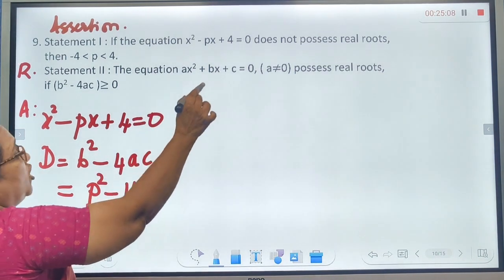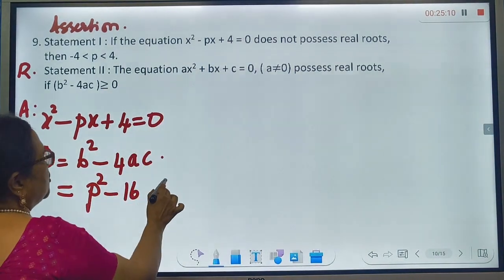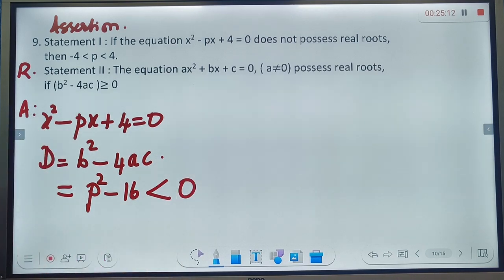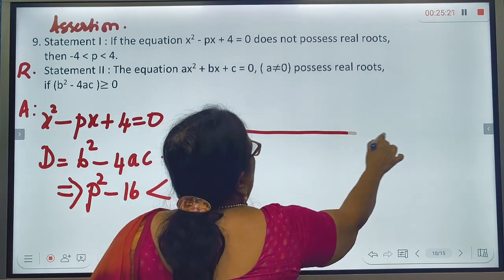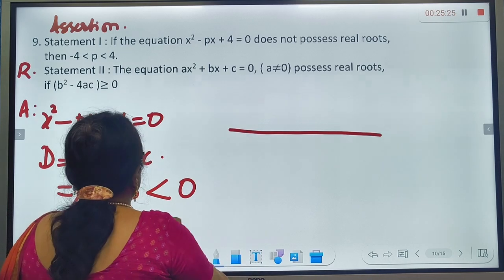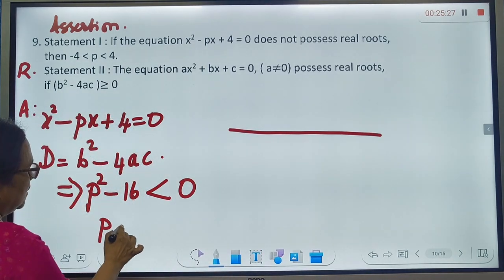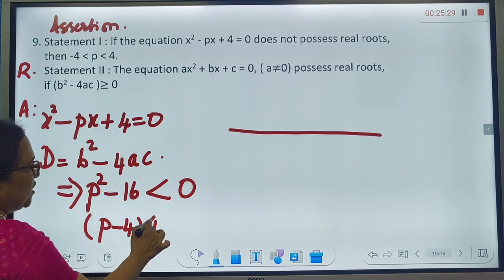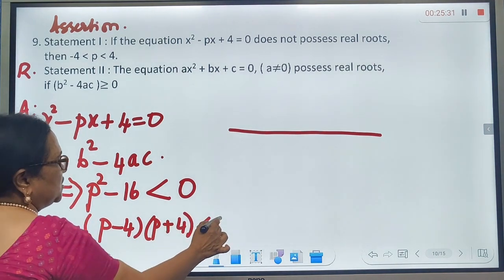Since the equation does not possess real roots, p square minus 16 is less than 0. If p square minus 16 is less than 0, what does it mean? If you do not remember, you can do it by reasoning. p square minus 16 means p minus 4 into p plus 4 is less than 0.